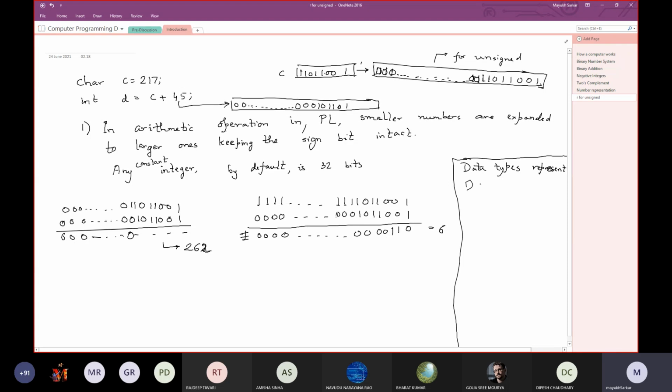Represent, firstly, type of data. Obviously it is clear from the name: type of data, and storage used in the RAM.